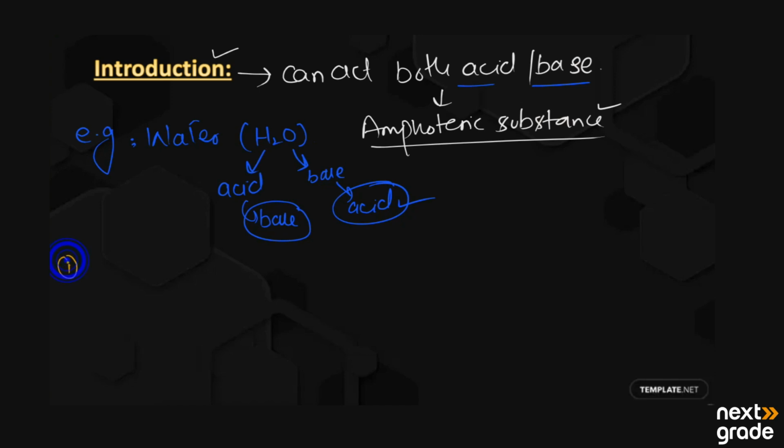So what is the reaction between the acid and base of the water? First, when the water reacts with HCl, after the reaction the products are chloride negative and H3O positive. Here we have seen that the water has accepted the proton and HCl has donated the proton, so it is an acid.